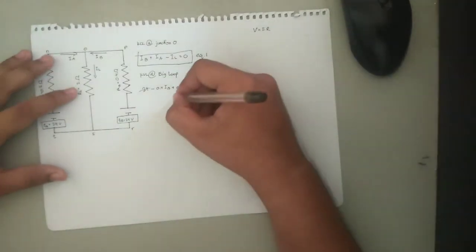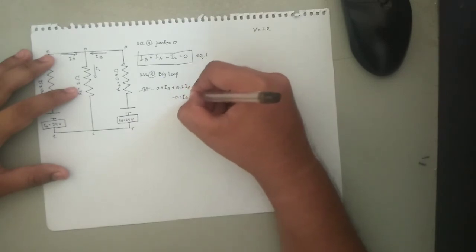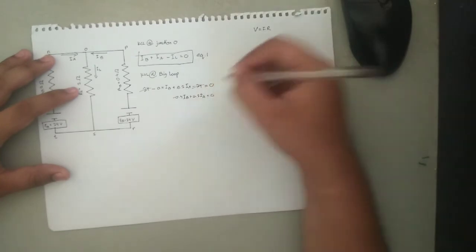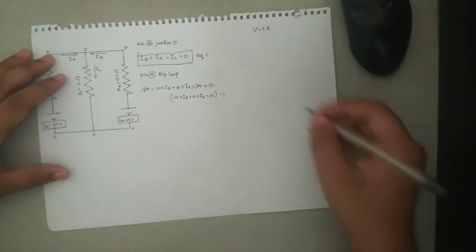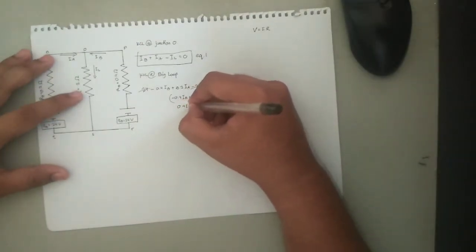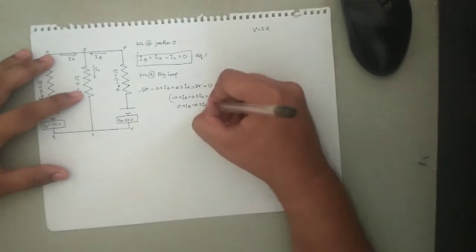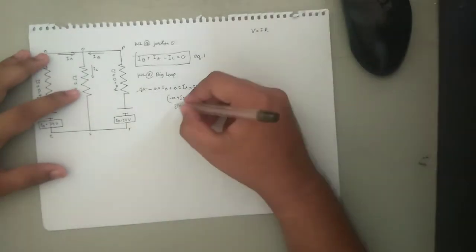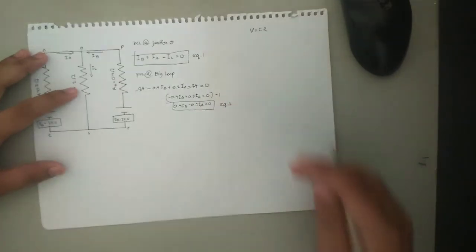So we have negative 0.4 IB plus 0.2 IA equals 0. Now multiply both sides by -1. So we have 0.4 IB minus 0.2 IA equals 0. That will be our equation number 2.